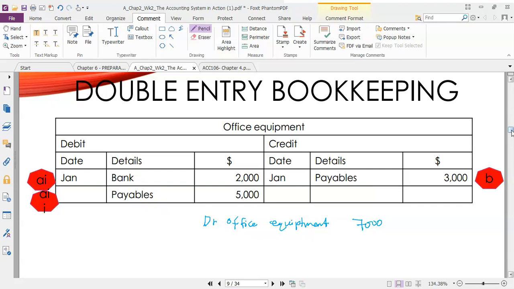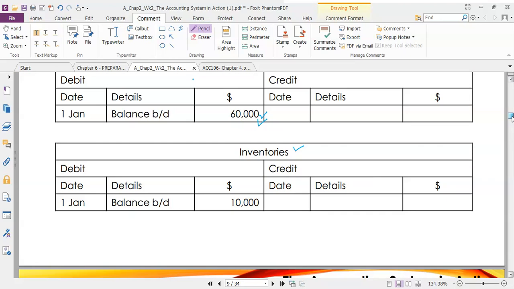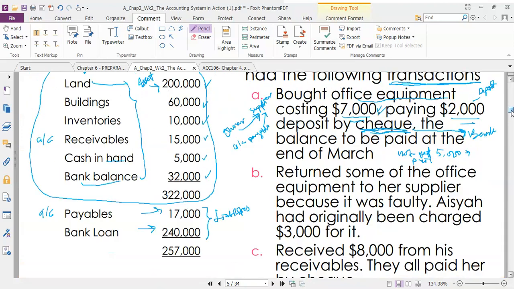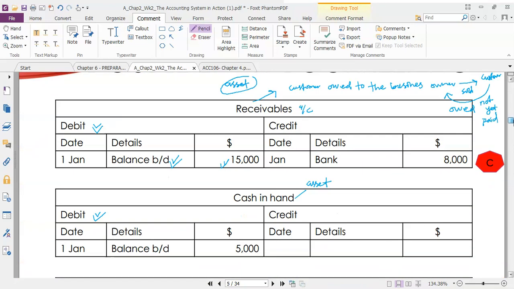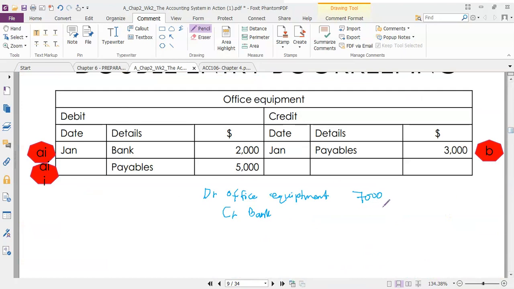Look at the transaction, 7,000. So we credit bank. How much? We pay by bank, by check. Actually, we pay only 2,000 deposit, right? So only 2,000. So we credit bank 2,000.